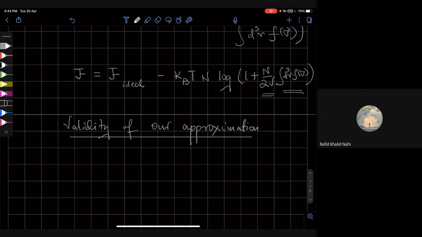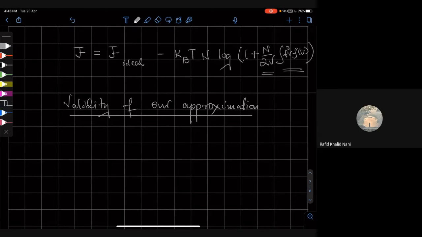The validity of our approximation is going to be if N over V has to be much, much smaller than d cubed r f of r inverse, right?